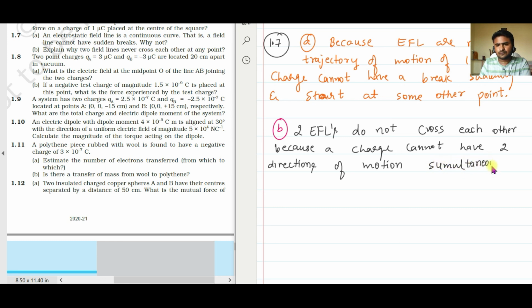A charge cannot move in two different paths simultaneously. So therefore you cannot have two electrical field lines crossing each other. Okay, so that is the answer for this question.